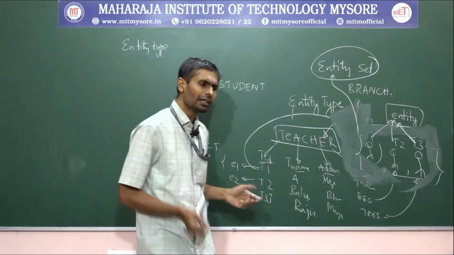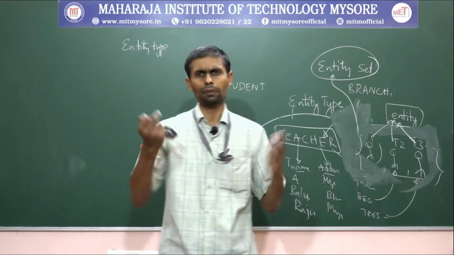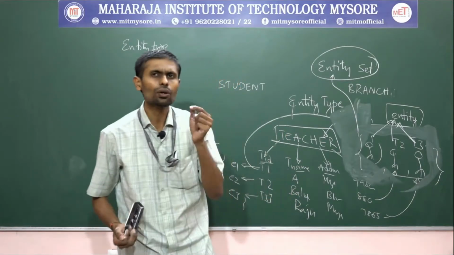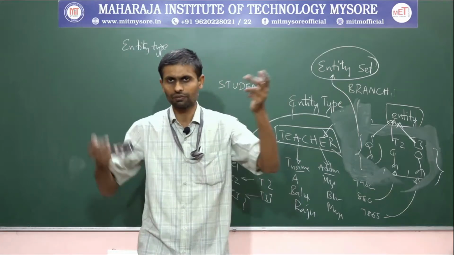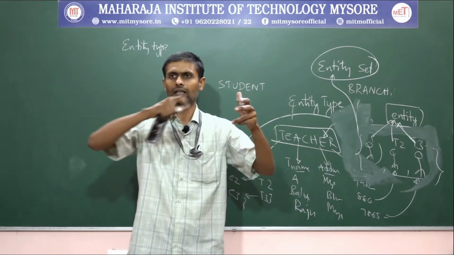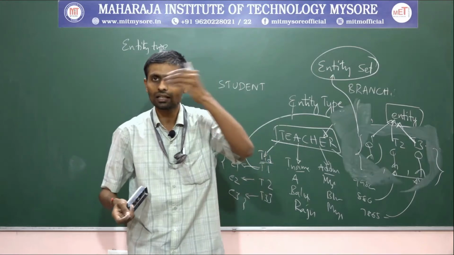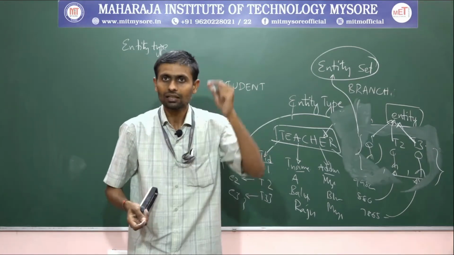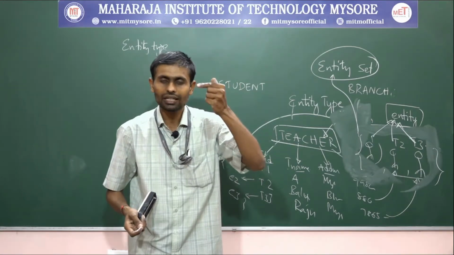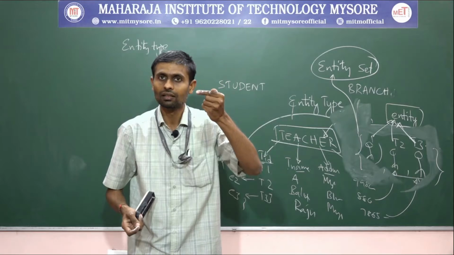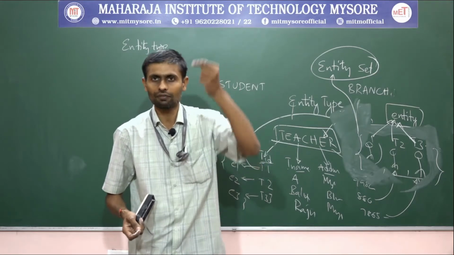Next, a table contains plenty of rows, where each row represents a student's data. Suppose it is a student table, and I record the student USN, name, address, phone number, then 1, 2, 3, each row represents an instance of a student.